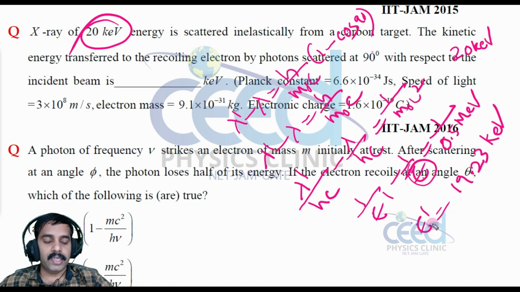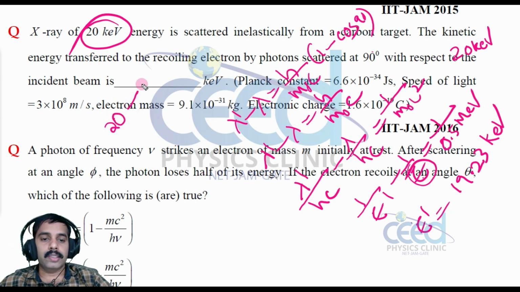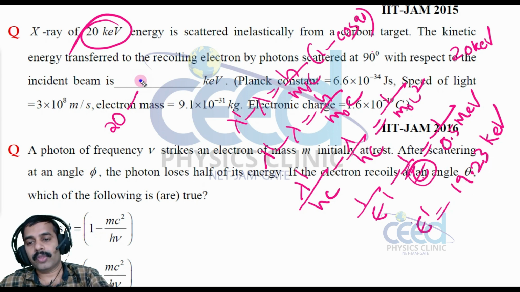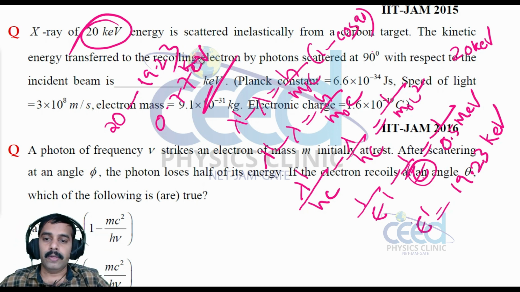Once I get E dash, the recoil energy is the incident energy 20 minus the scattered energy E dash, that is 19.23. So that is 0.77, and we have to express the energy in kilo electron volt. So the answer is 0.77 kilo electron volt.